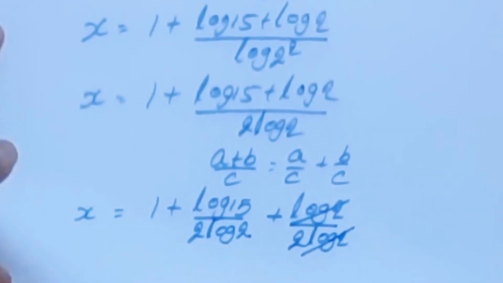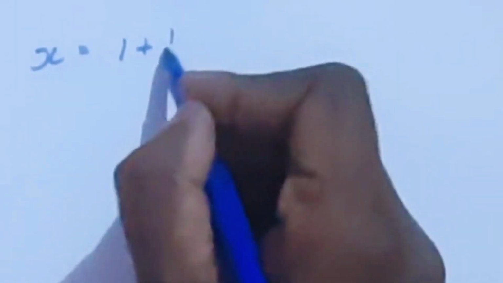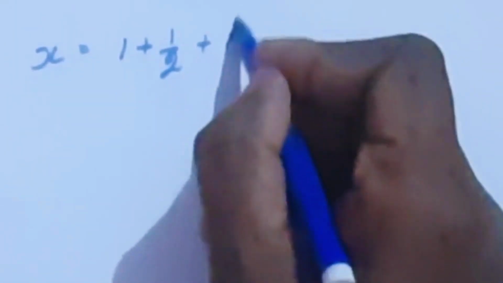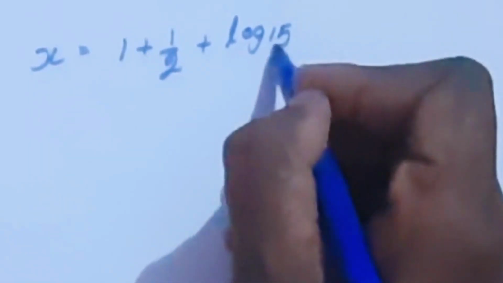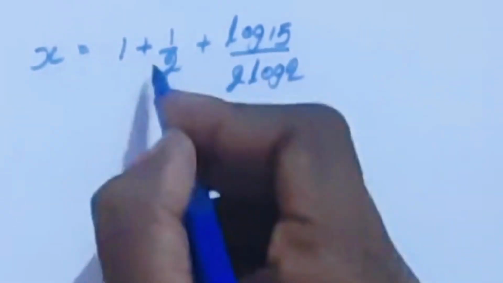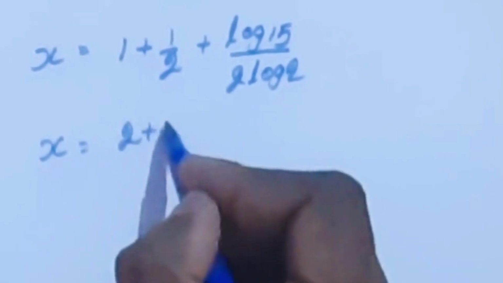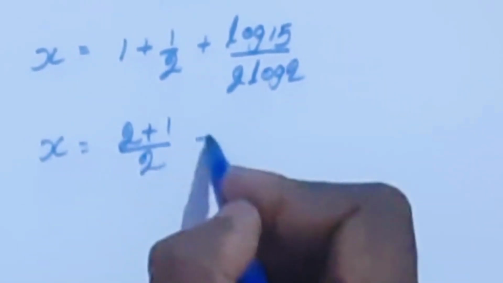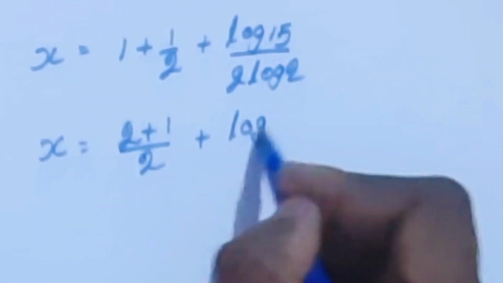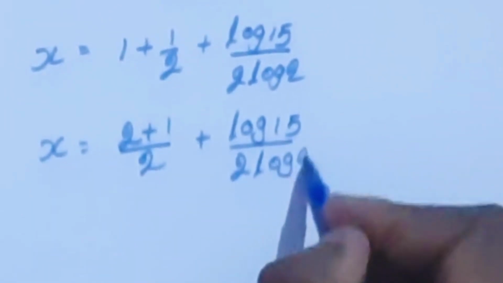Now here we have x equal to 1 plus 1 by 2 plus log 15 by 2 log 2. Now this can be written as x equal to 2 plus 1 by 2 plus log 15 by 2 log 2.